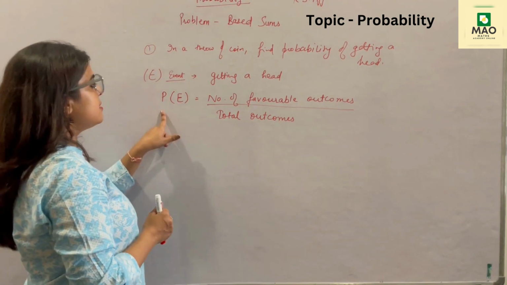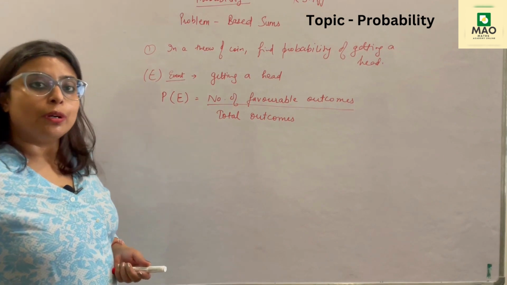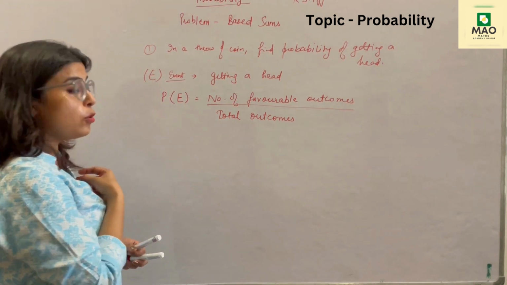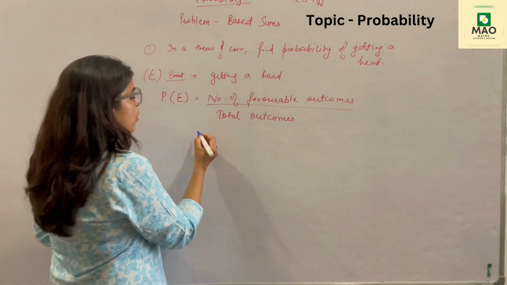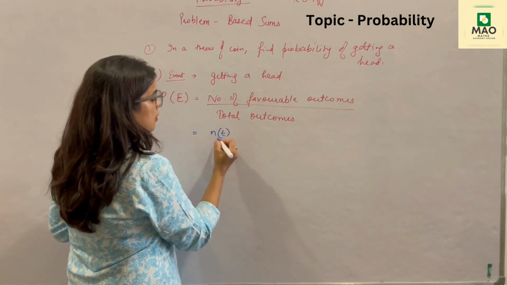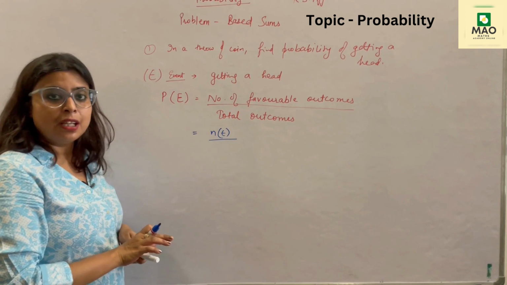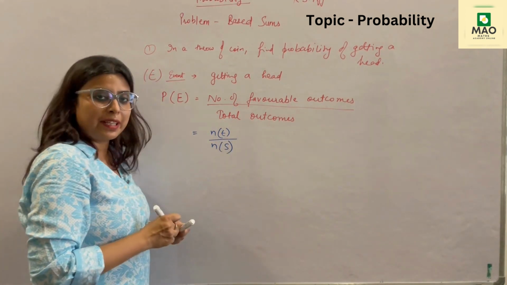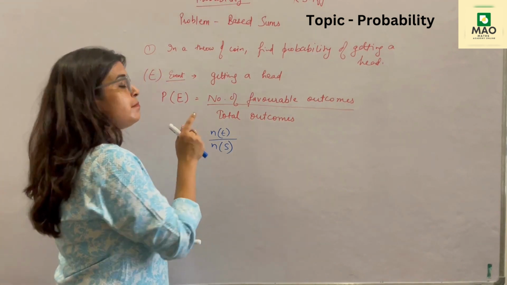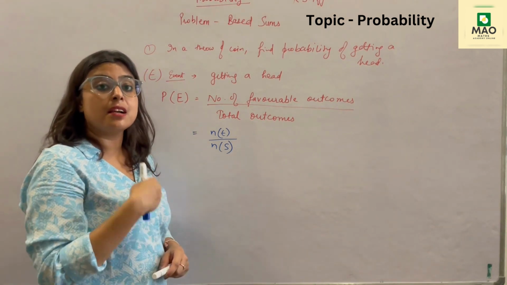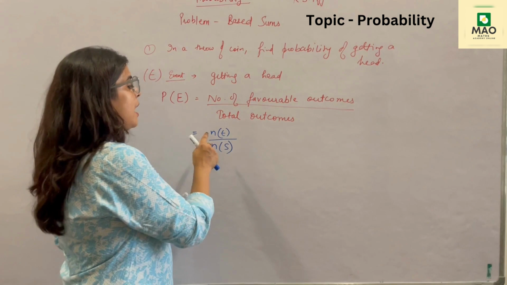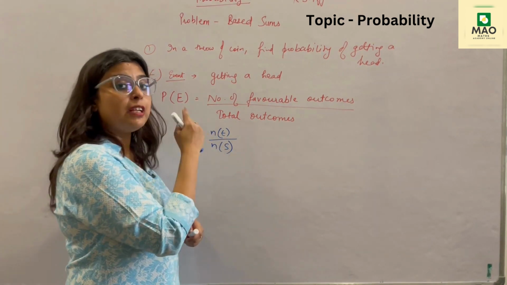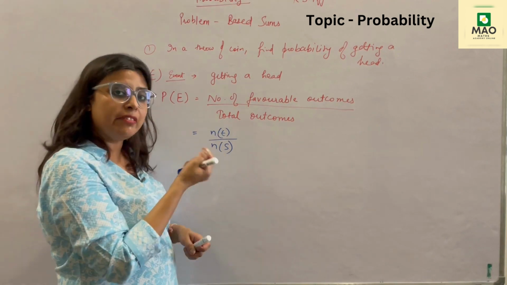In the books you can see it like this, N of E over N of S. Don't panic. N means the number, the count. You have to count the favorable outcomes pertaining to your event.